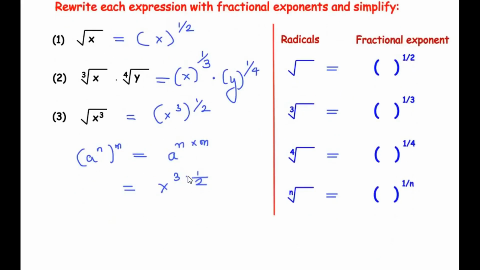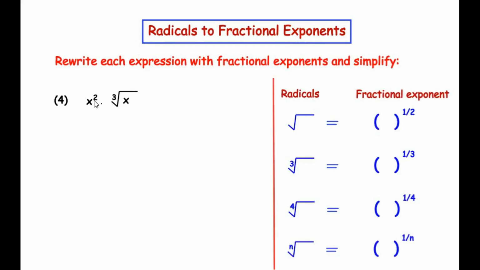Or here the numerators multiply together, we have x, 3 times 1 is 3 divided by 2. So this is the simplest form for square root of x to the power of 3. So we have converted the radical into a fractional exponent. Now let us move on to the next three questions.